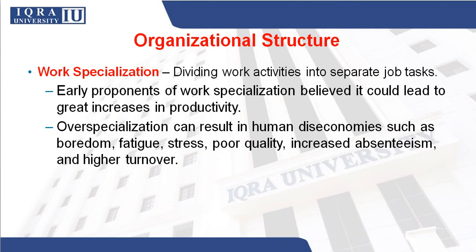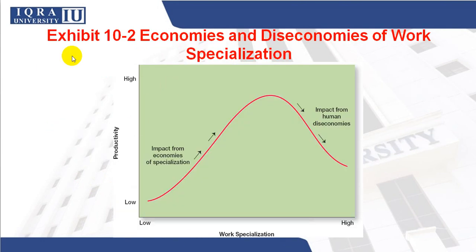Let me explain with the help of an example. So this is exhibit 10-2, economies and diseconomies of work specialization. We can see that as we have increased the work specialization, the productivity is going towards the top. It's gaining momentum and increasing. So this is the point at which we have achieved maximum productivity because of work specialization. It's like a company making great productivity and everyone is performing specialized, routine tasks.